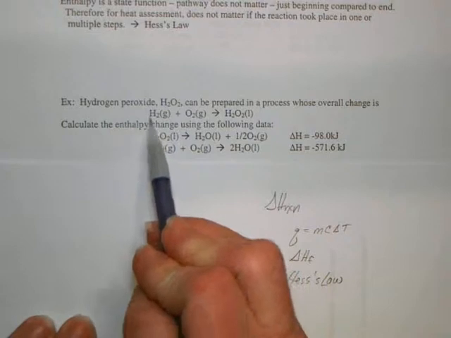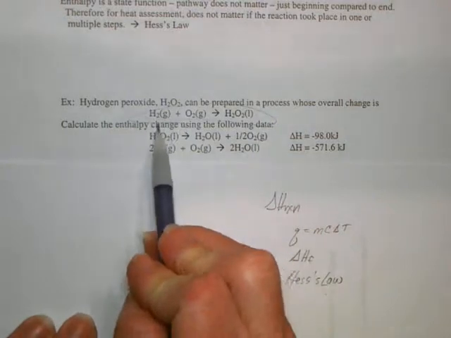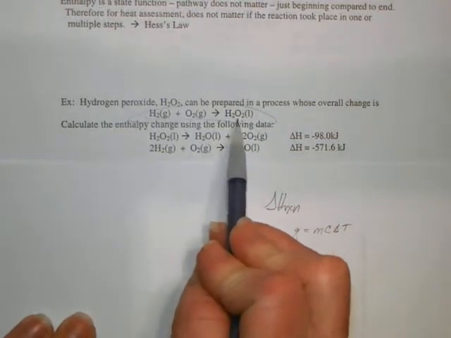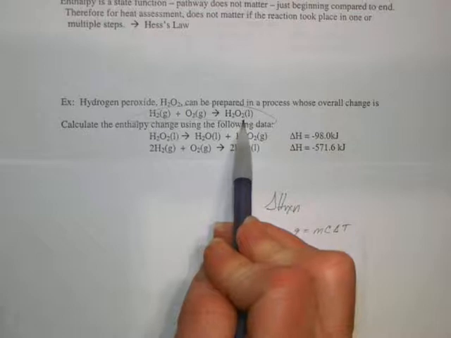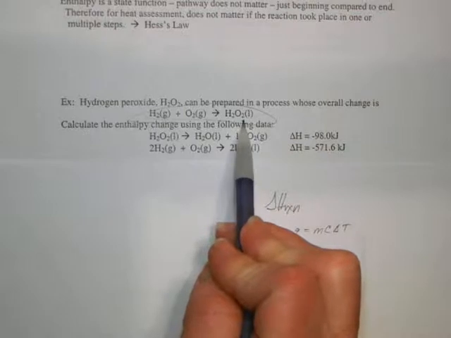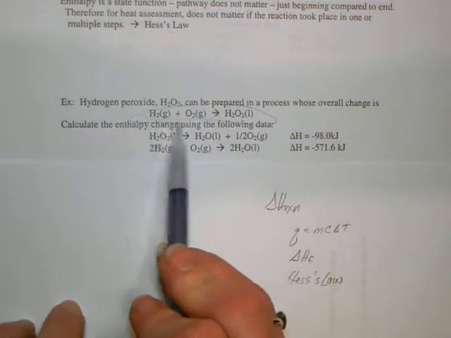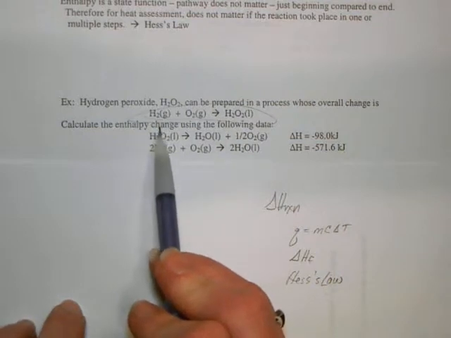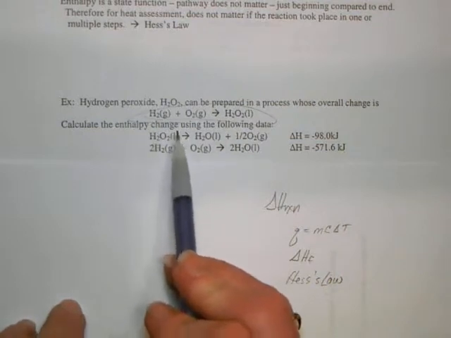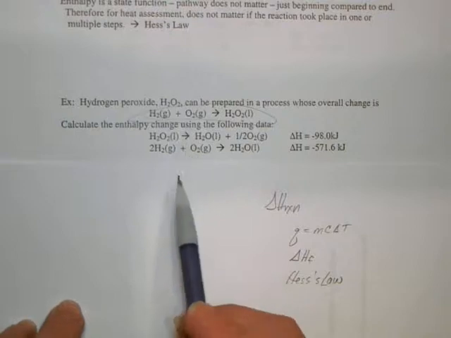For example, this reaction. Now, of course, we're looking at making hydrogen peroxide. However, this is a great example to teach us Hess's law. Sometimes it's hard for us, maybe available reactants, maybe safety concerns, maybe the energetics.